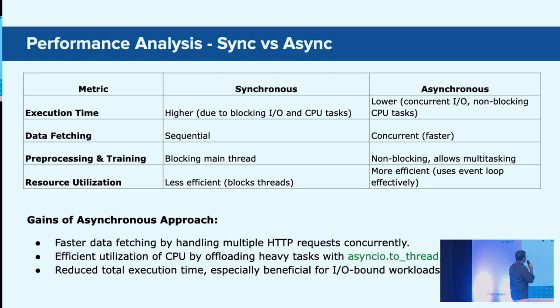So I've listed down some of the gains of the asynchronous approach. First and foremost is the faster data fetching, because it is handling multiple HTTP requests concurrently. Secondly, it is effective utilization of the CPU, because it offloads the heavy tasks with the asyncio thread. And then we have the reduced total execution time for I/O-bound tasks especially.